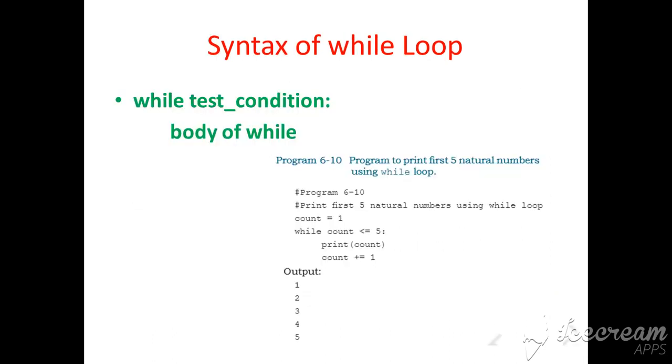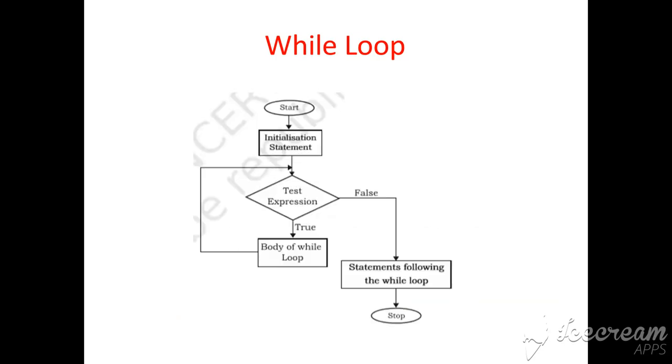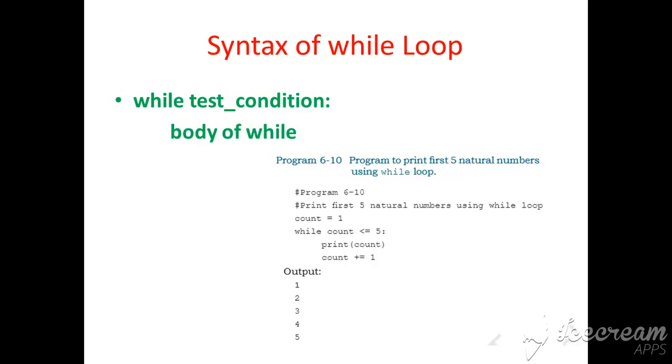If the condition is false, then the loop is exited. The control condition of the loop is tested before any statement inside the loop is executed. Which means that first we test the condition, while count is less than or equal to 5. If the condition is true, then only we move to the inside of the loop. Otherwise we do not move inside the loop.